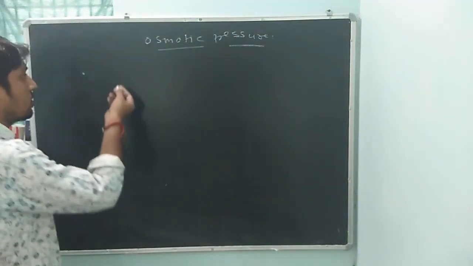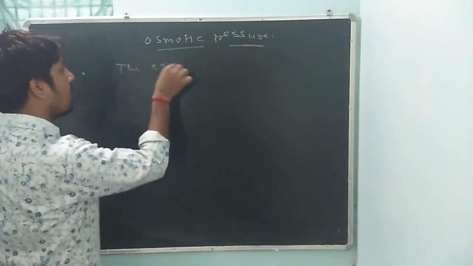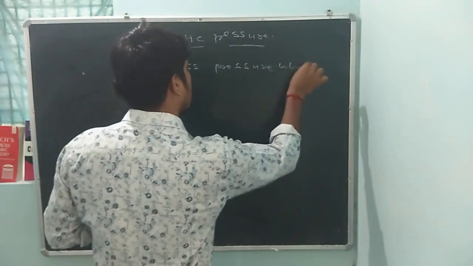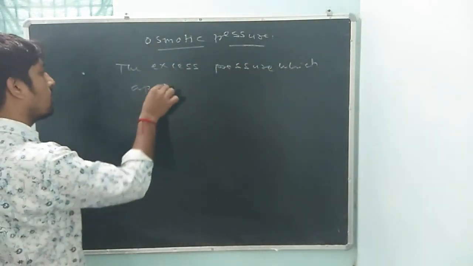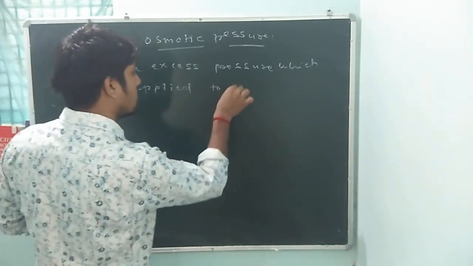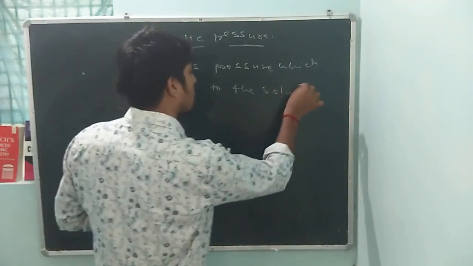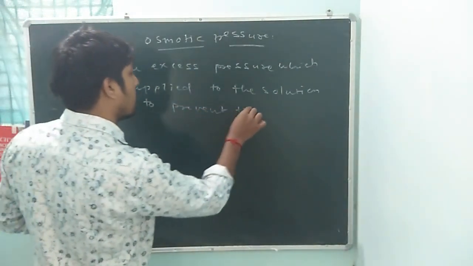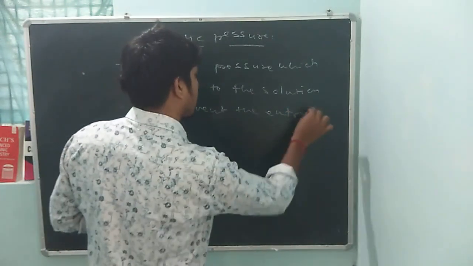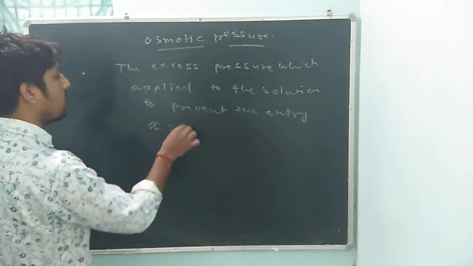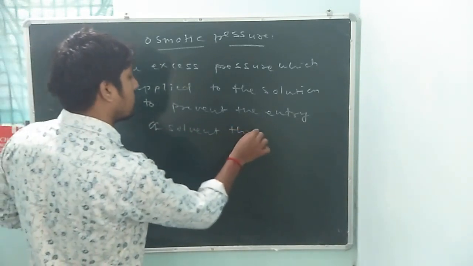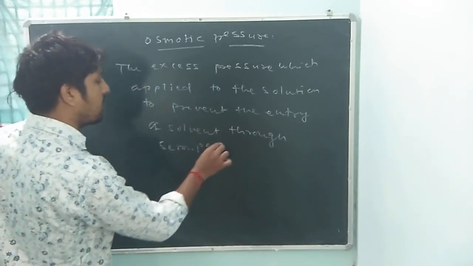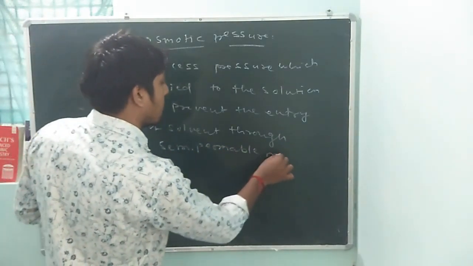The definition of osmotic pressure is the excess pressure which is applied to the solution to prevent the entry of solvent through semi-permeable membranes.